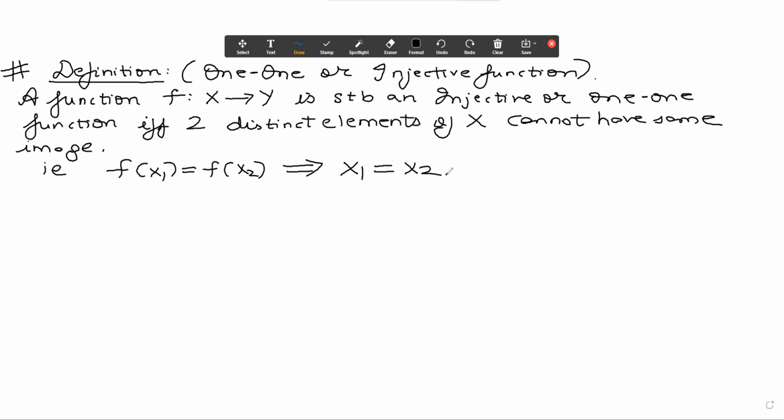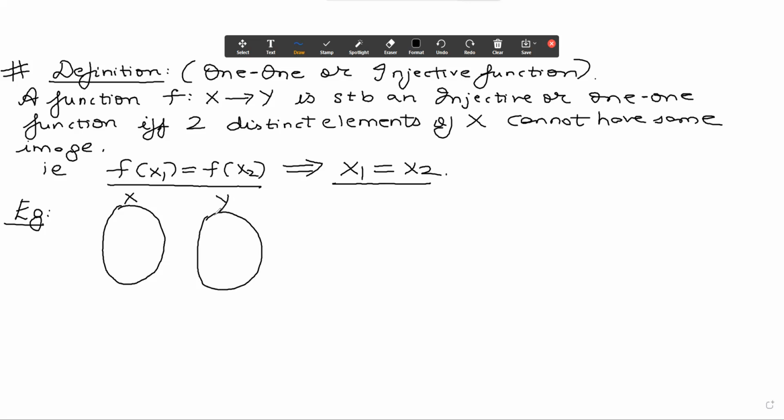That means if I take two different elements in the set X, they should not have the same image. They should have different images. Because if they are having the same image, it means they are exactly the same. You want to understand this using an example? Look at this.